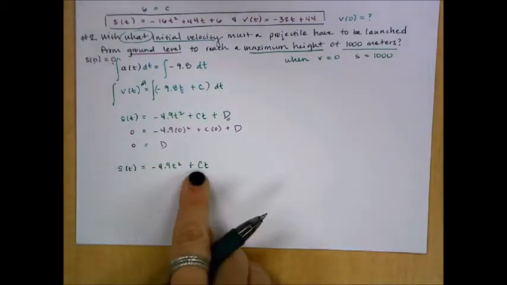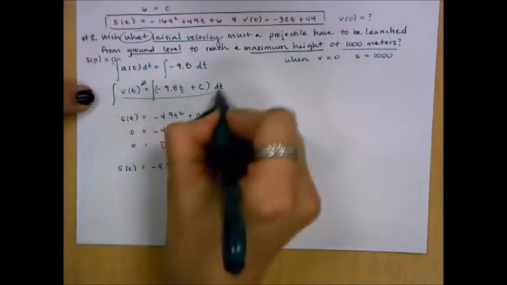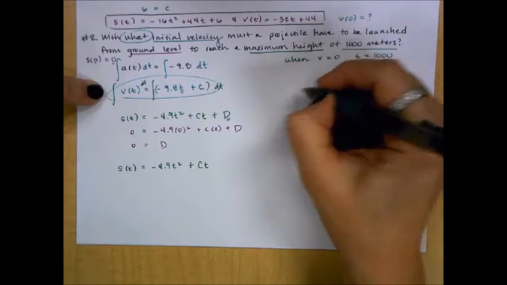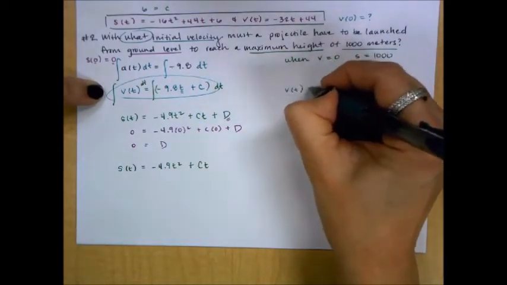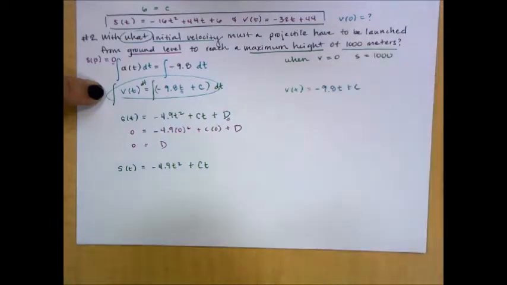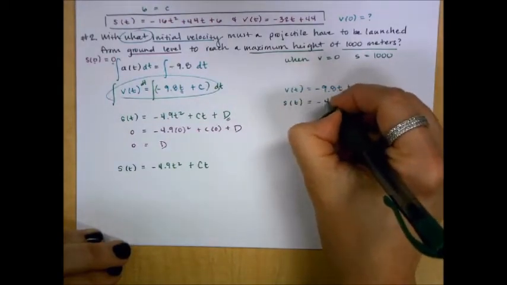So in number 1, we started by writing our position and velocity functions. We've basically done the same thing here. My velocity function, right here, v of t equals negative 9.8 t plus c. I've also written my position function, s of t, is equal to negative 4.9 t squared plus ct.